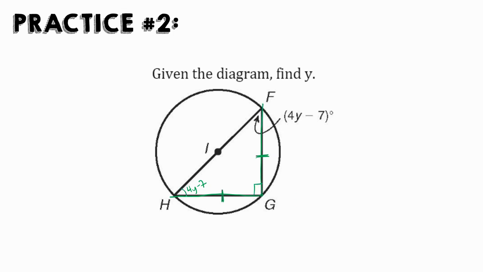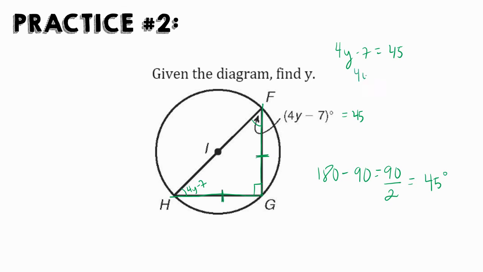So that means that these two angles must be 45, right? 180 minus 90 is 90, divided by 2 because they're both congruent. That was why it's important for me to pay attention to the fact that it was isosceles. I get 45 degrees. Okay, well then let's solve it. 4y minus 7 equals 45.